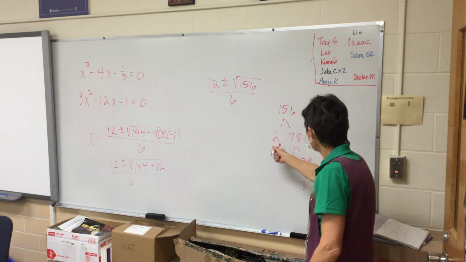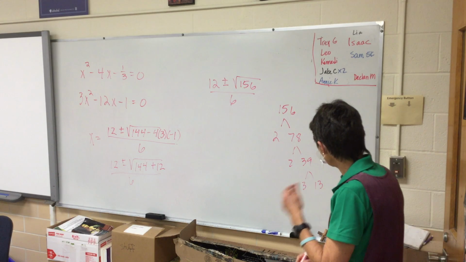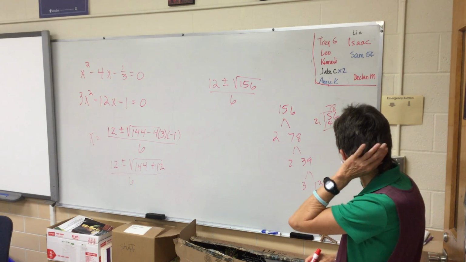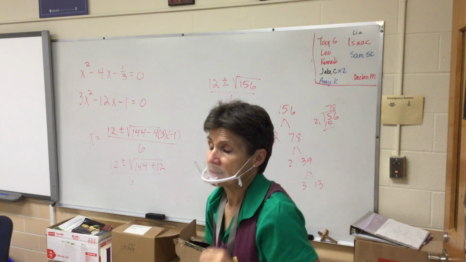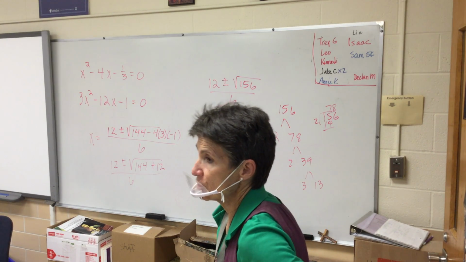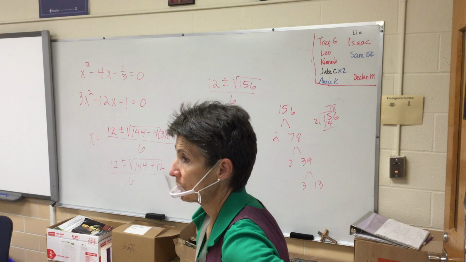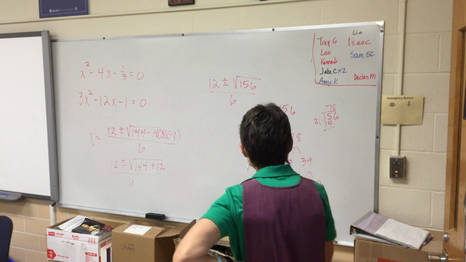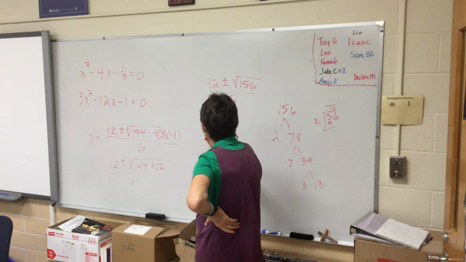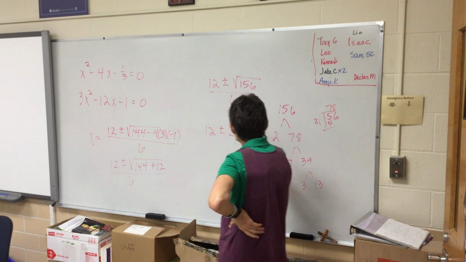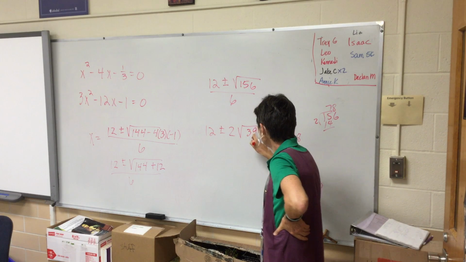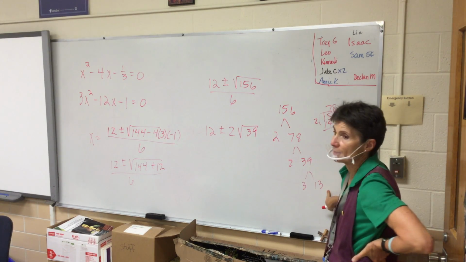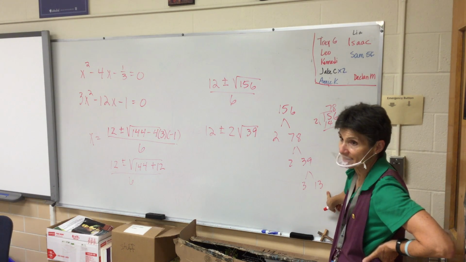I think it breaks down into 2, 2, 3, and 13 if I did that right. So what does that mean in terms of simplification? A 2 can come out because you have 2 of them. The 39 has to stay under because even though the 39 breaks down, it doesn't break down into 2 of anything.